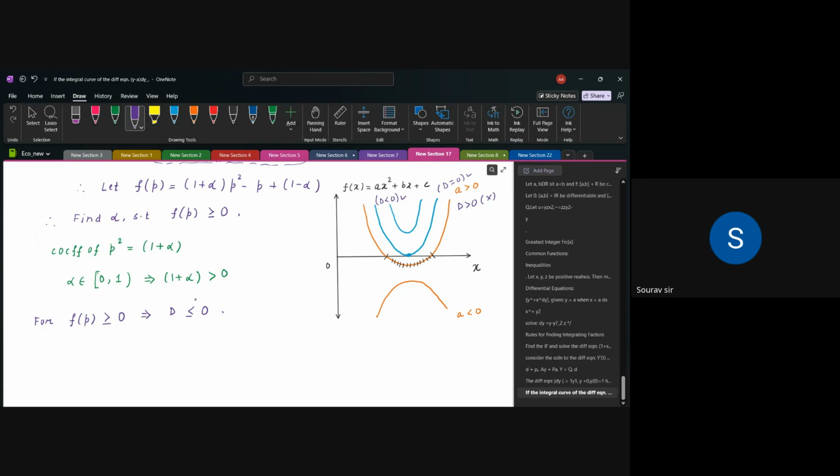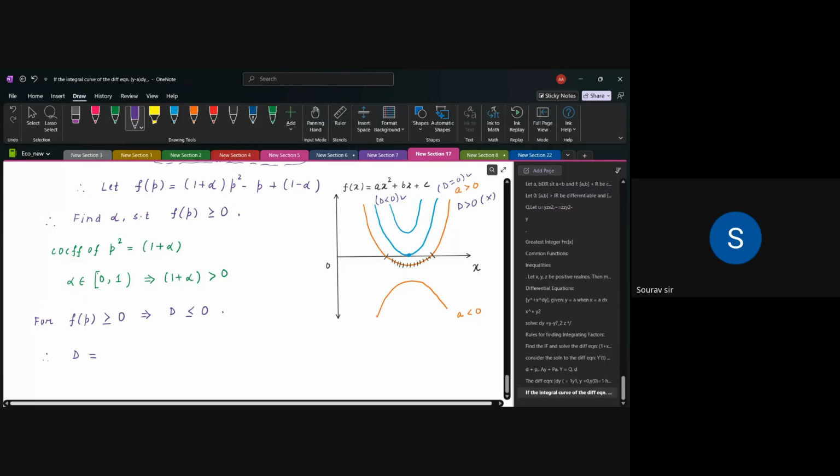Can anyone calculate and tell me? What is it coming out? What is the discriminant of this f(p)? Anyone?